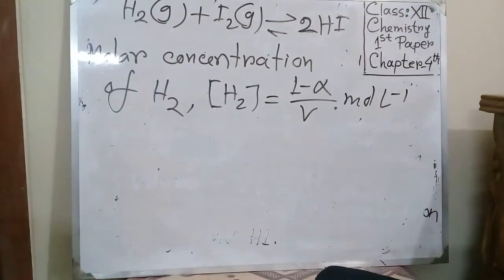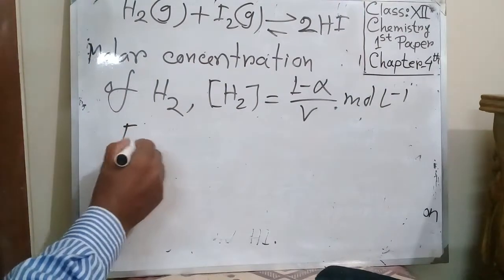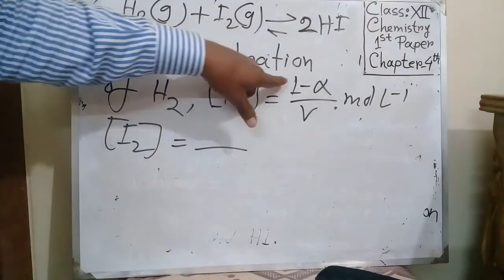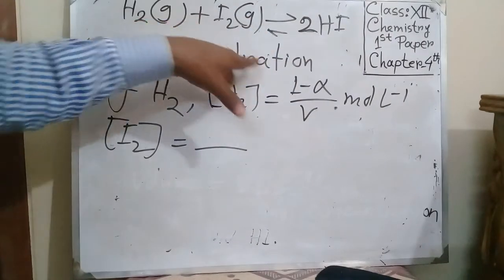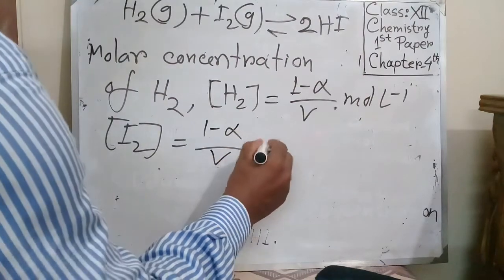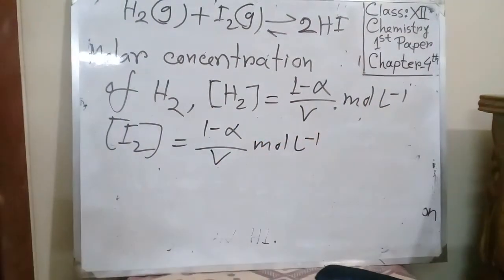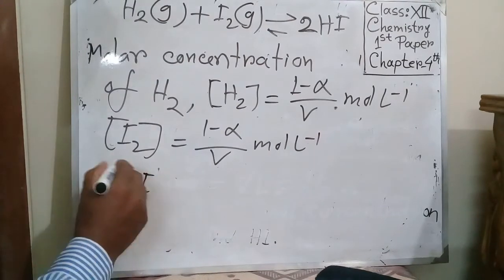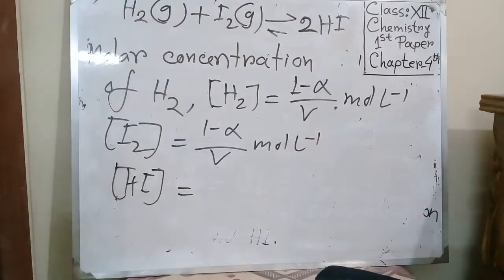This is the volume. Similarly, we can find the molar concentration of iodine. The same number of moles were left for iodine, 1 minus alpha, so 1 minus alpha by B, mole per liter. But for hydrogen iodide, what will be the molar concentration?